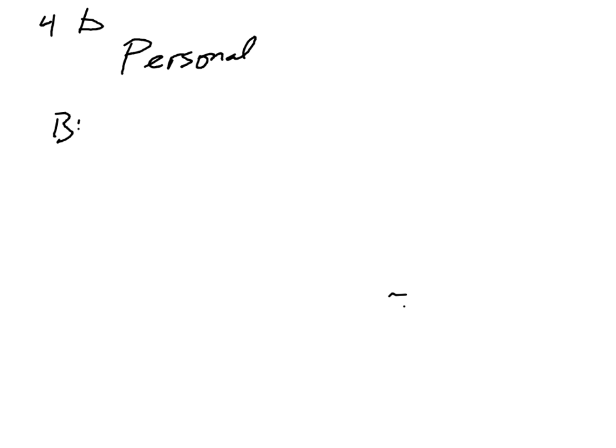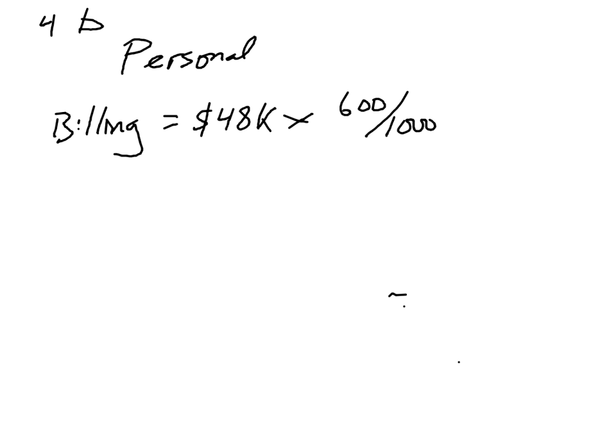So for billing, the total was 48,000, but 1,000 total bills were prepared by this department, and 600 belonged to personal. So when you do $48,000 times 60%, you're going to get 28,800.